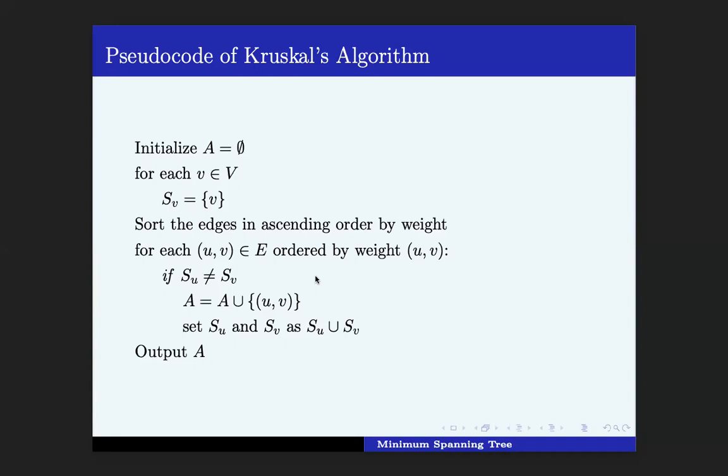SU becomes SU union {U, V}, and SV becomes SV union {U, V}. Think of SU as the set of all vertices that are in the connected component of U at any point of time.